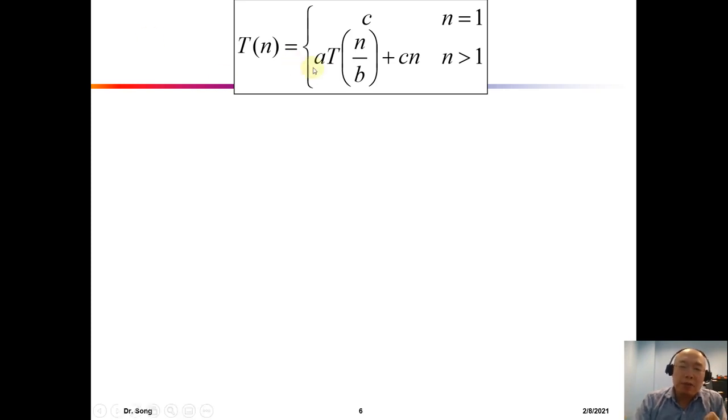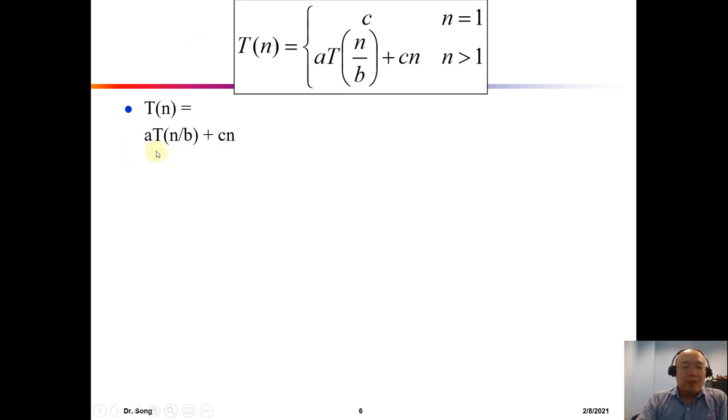So we just put two constant values here, a and b: a T(n/b) plus cn. If you have this setup, you will find that the merge sort we were able to solve in the last lecture is a special case of this one. So today we are going to discuss how to solve this recursion. This is going to be interesting, right?